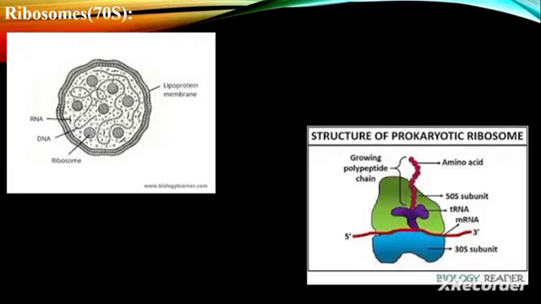The large subunit size is 50S and the small subunit size is 30S. In the first picture on the screen, we can see how ribosomes are present in prokaryotic cells.